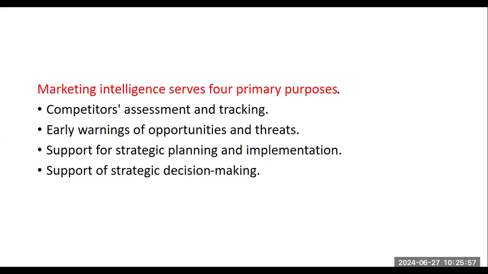So Nike and Adidas, these are marketers, right? They are doing business in sports related goods. So Nike uses marketing intelligence to track Adidas new product launches, especially sports dresses and other equipment.